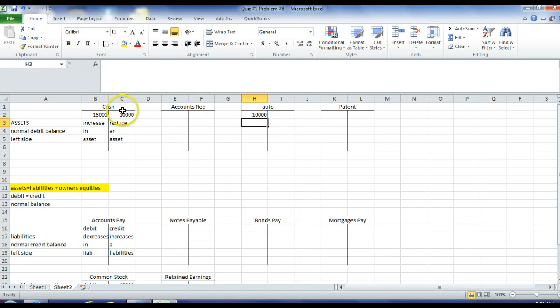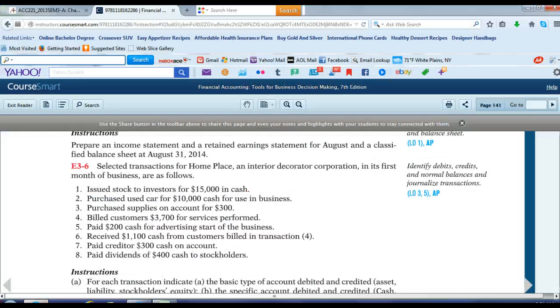So as you can see here, we have a debit and we have a credit. Our cash went down, so we credited it. Our automobile went up. It increased, so we debited that. Both are assets in that scenario.